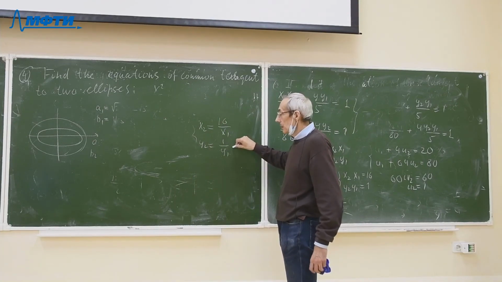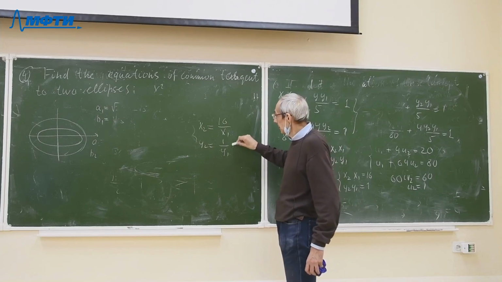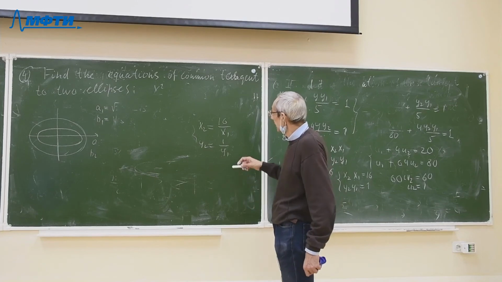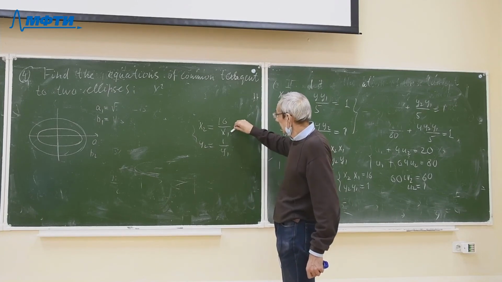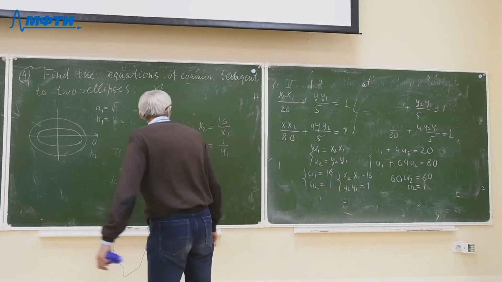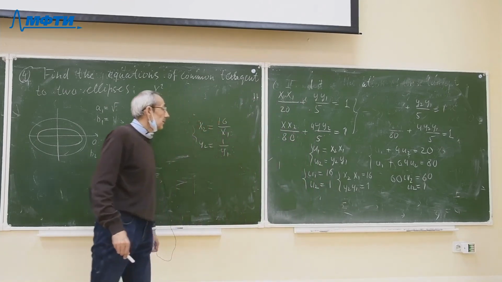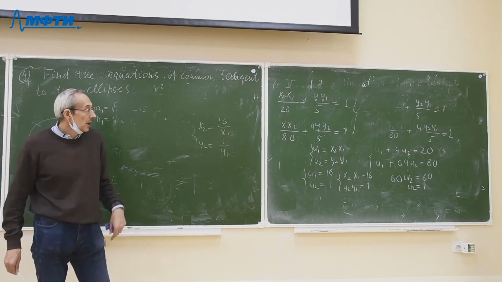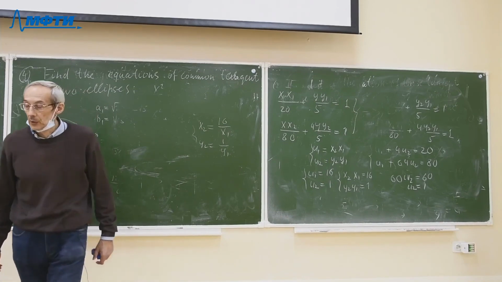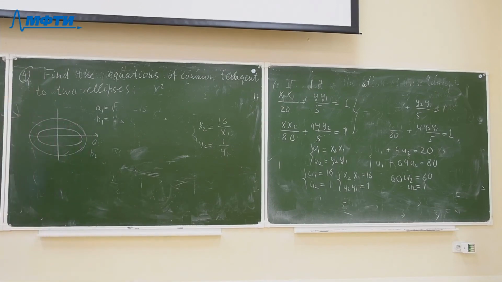We obtain a quadratic equation and obtain two values for x1 and two values for y1, and we obtain the values for the four points of contact.